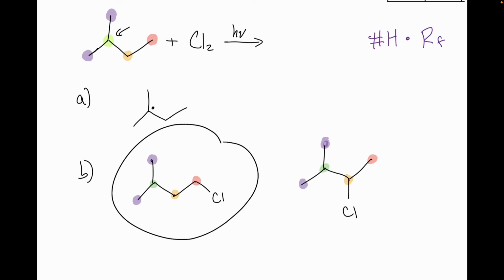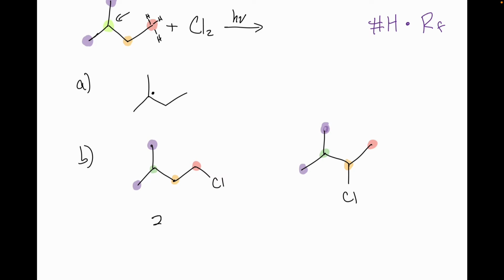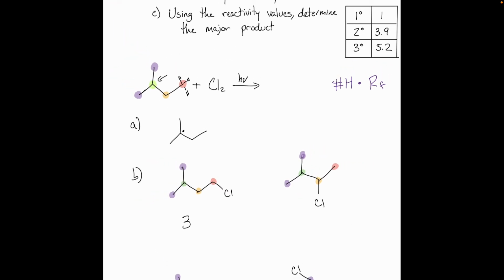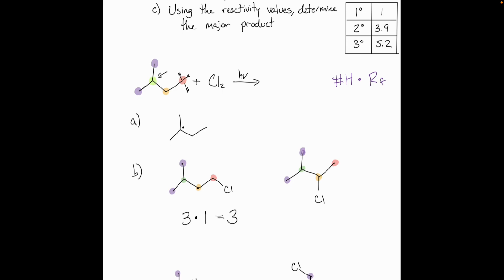How many hydrogens were there originally on that red carbon? 3, right? It's got 1 bond, so that means if I fill in the rest, that's 3. And is that carbon a primary carbon, a secondary carbon, or a tertiary carbon? Primary, right? It's only got 1 carbon neighbor, so I'm going to use the reactivity factor for a primary carbon, which is 1. So the value I get for that one is 3.